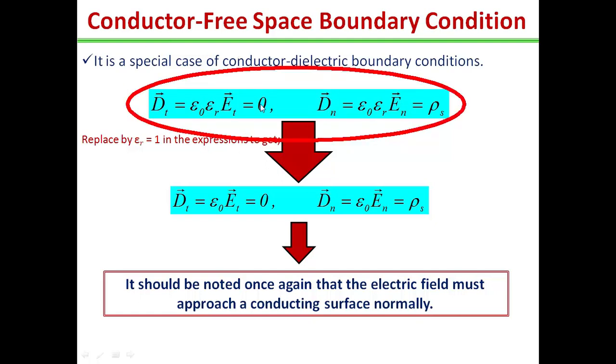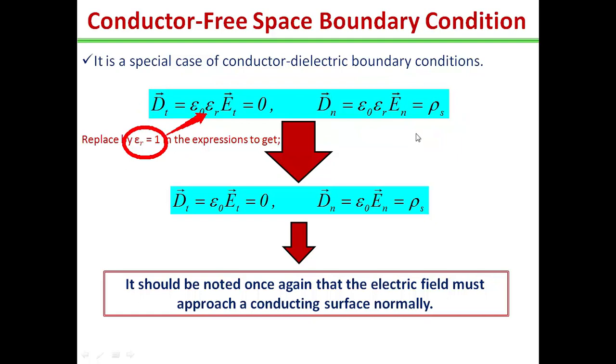That means Dt = ε0 εr Et = 0, and Dn = ε0 εr En = ρs. Replacing εr = 1 in both tangential and normal components, we get Dt = ε0 Et = 0, and Dn = ε0 En = ρs. The electric field E must be external to the conductor and normal to its surface.